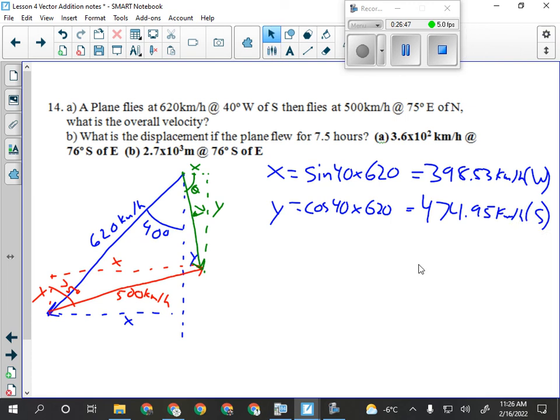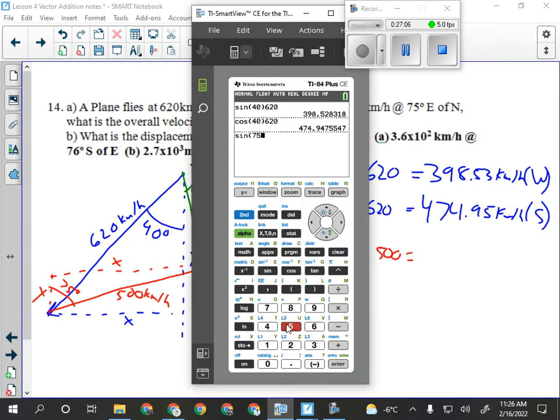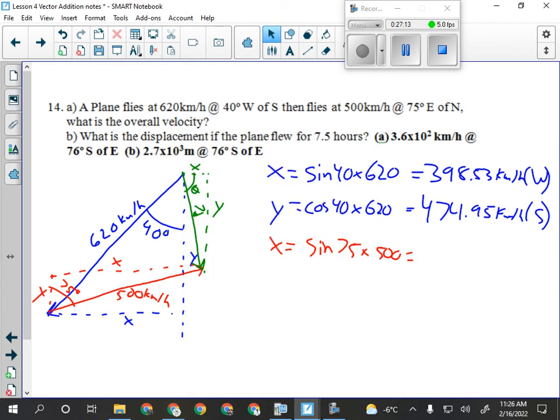Okay, same thing for our red triangle now. Okay, and our red triangle is right here. If we're looking for x, x is opposite the 75-degree angle. So red x will be the sine of 75 times 500. So 482.96 kilometers per hour, and that will be east.